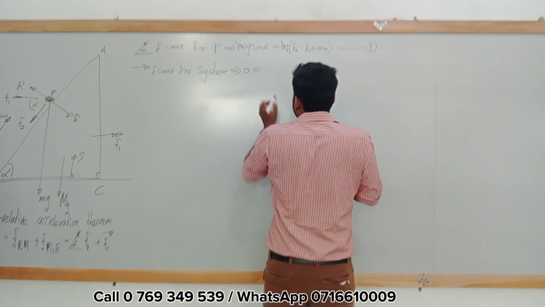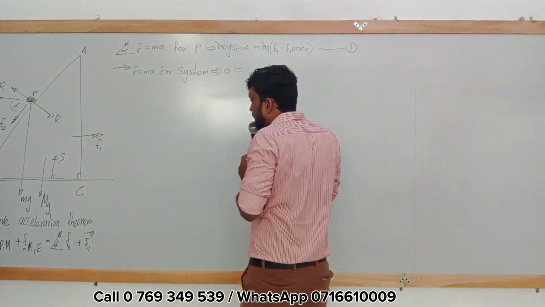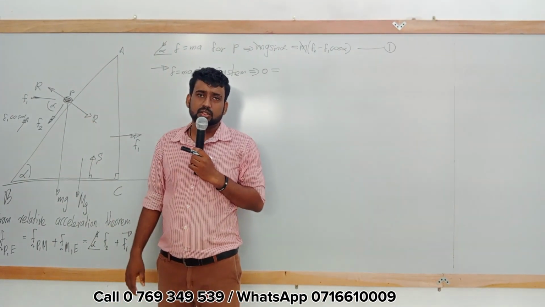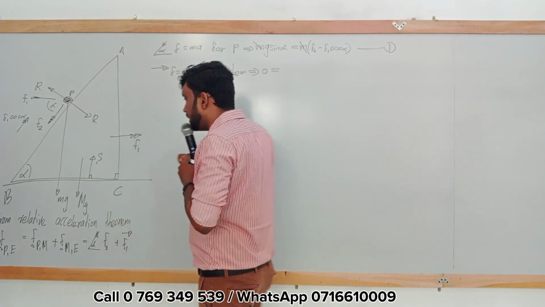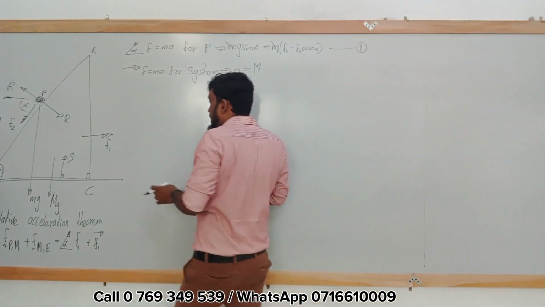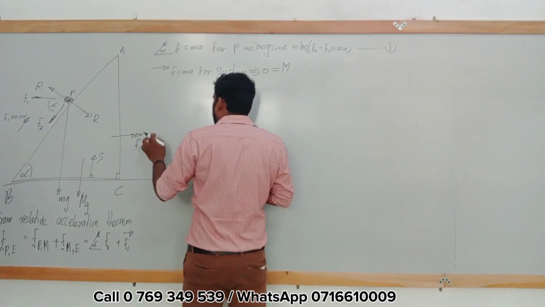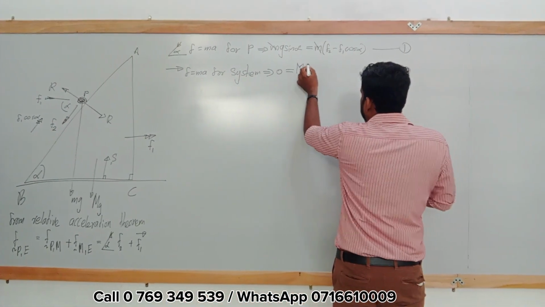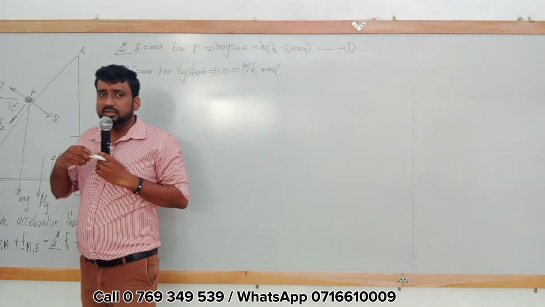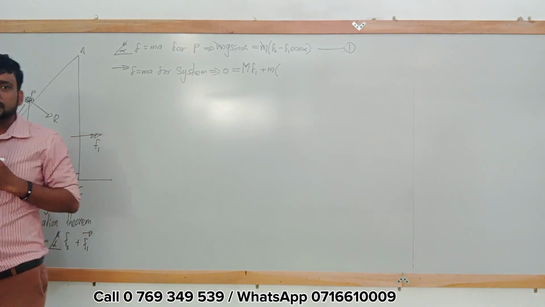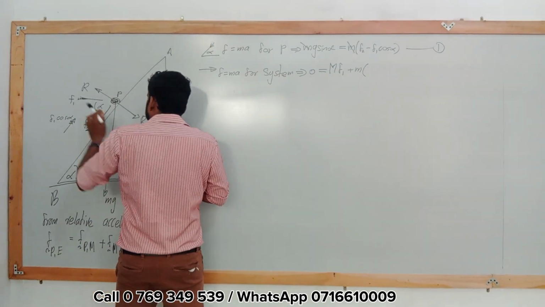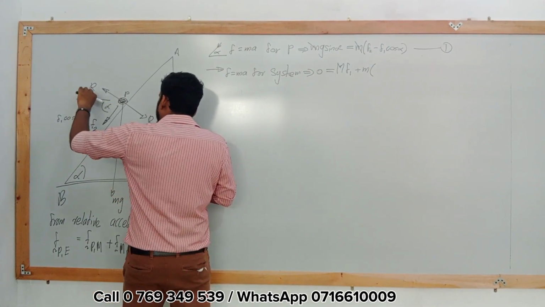Forces are 0. M, two items. One is the wedge, another one the particle. Then capital M, first one the wedge, has only acceleration F1. Simple m has two accelerations: one is F1, another is F2 cos alpha.